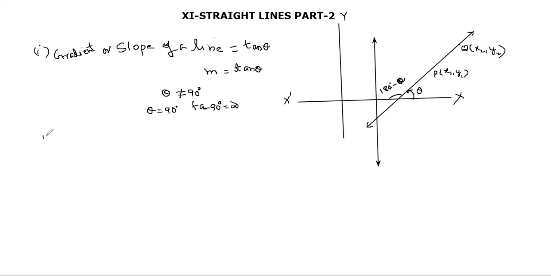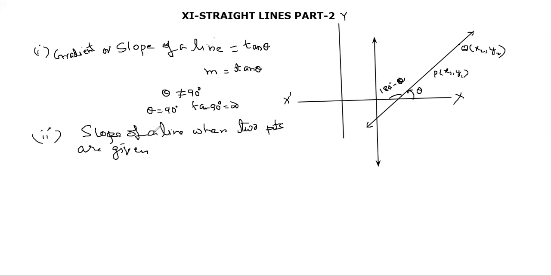How to find the slope when two points are given on the line?